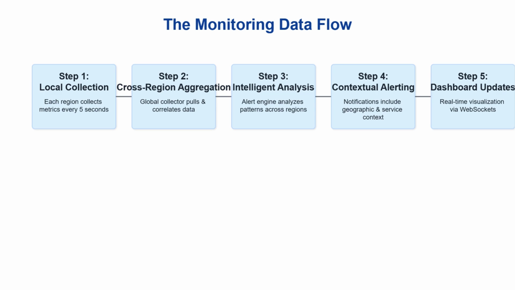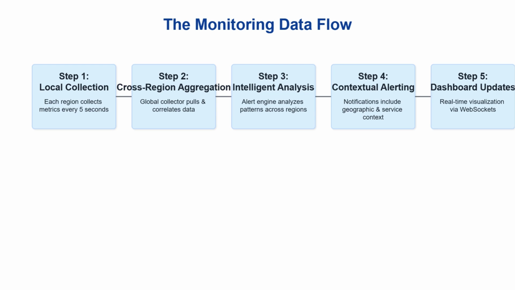It asks critical questions. Is this issue localized to one region, or is it a global incident? Is this a new problem or is it related to an alert we're already handling? This context is vital. Based on this analysis, we get contextual alerting. Notifications are rich with geographic and service details. Instead of a vague database error, you'll receive a precise "US East database replication lag detected affecting 30% of users."